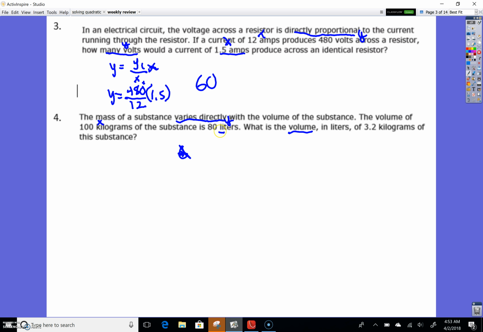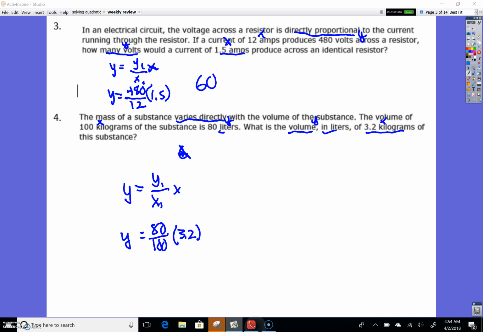See, liters, so this is going to be my y. 3.2 kilograms, so that's going to be my x. Okay, so y is equal to, so these are the two things, 80 over 100. They're asking for y, so this is 3.2.